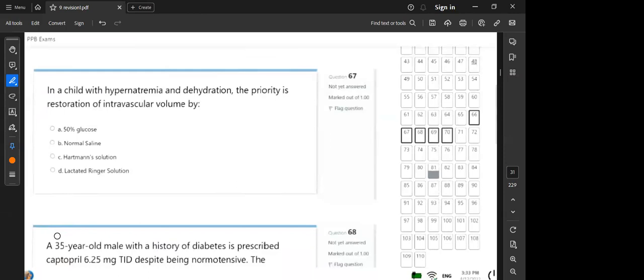In a child with hypernatremia and dehydration, the priority is restoration of intravascular volume by: 50% glucose, normal saline, Hartmann solution, or lactated Ringer solution. Which fluid is used for rehydration? Normal saline. What was Hartmann solution for?